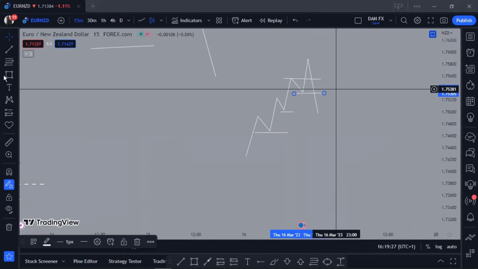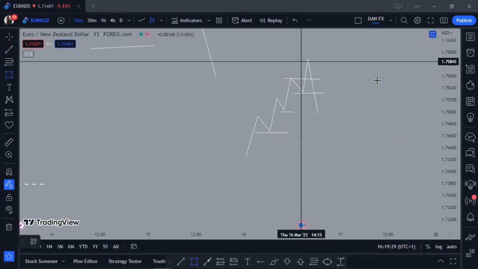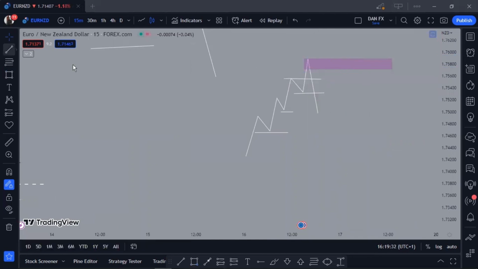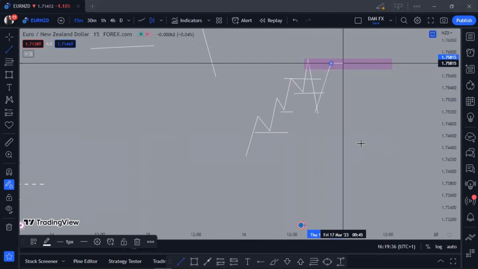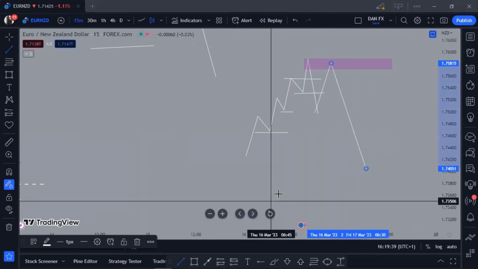Once you get this break of structure here, you're going to be looking for the market to come back to the last up candle for the order block, to come back into this zone, for example, and then continue down like this.